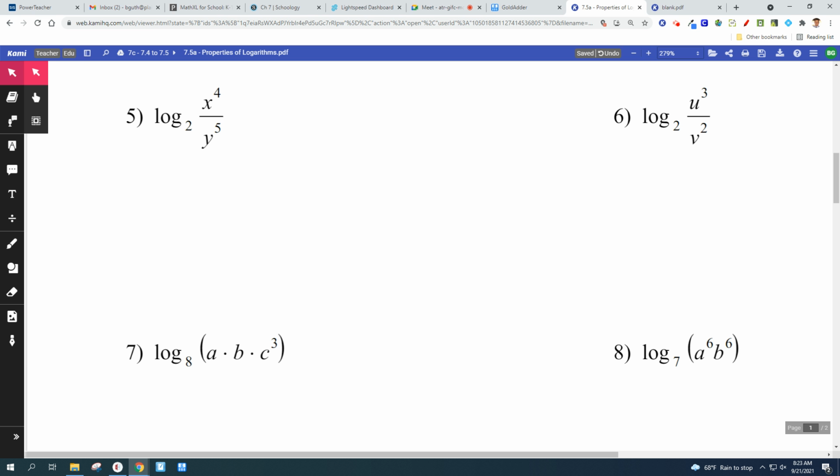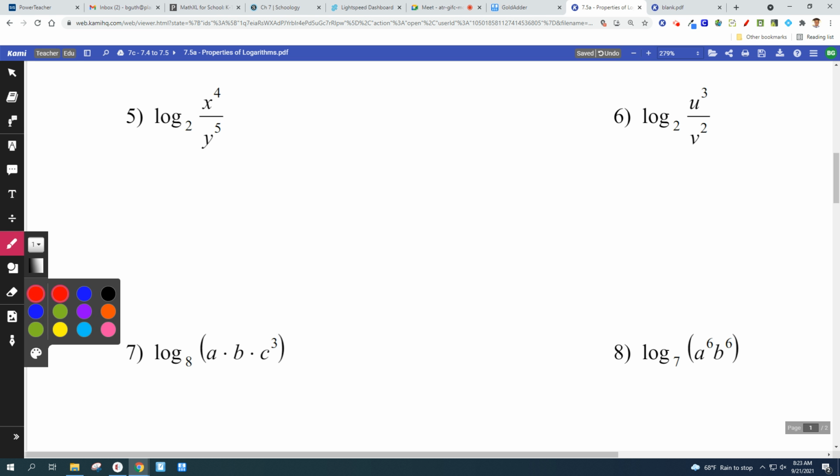Okay, now this one has a lot going on, because we see a couple of things. We see division, and if you go back to those rules, when we divided, it changed into subtraction. You remember that? Division was subtraction. So this division is going to be subtraction.